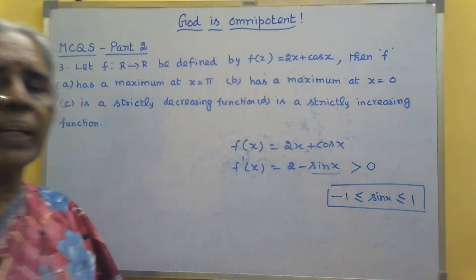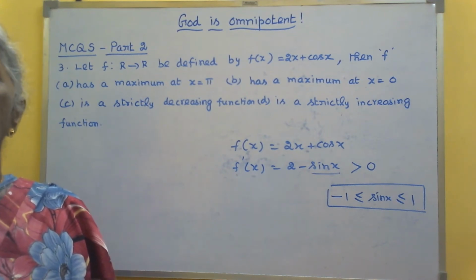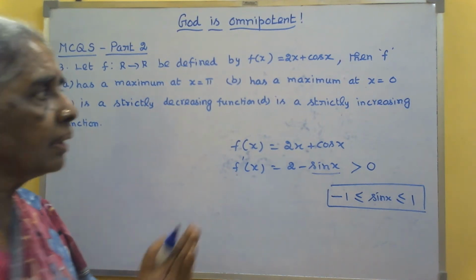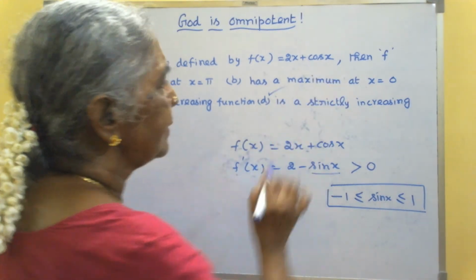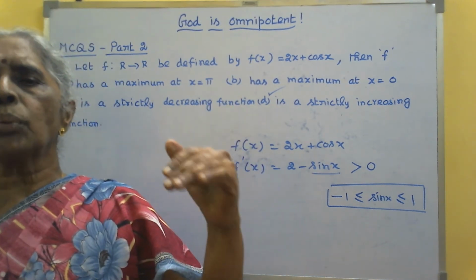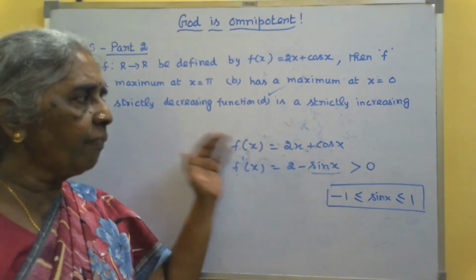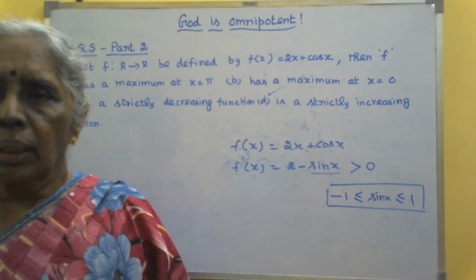So you can definitely say f of x is a strictly increasing function, right? So which option now? Option D. This is a strictly increasing function. That is beyond any doubt. For all values of x, you can prove your f dash of x is greater than 0. That is what we have done now. Okay.